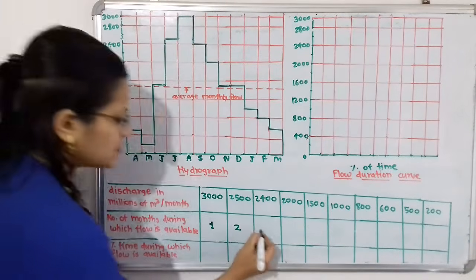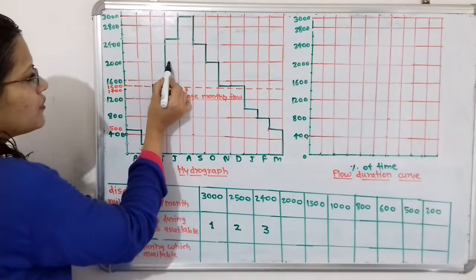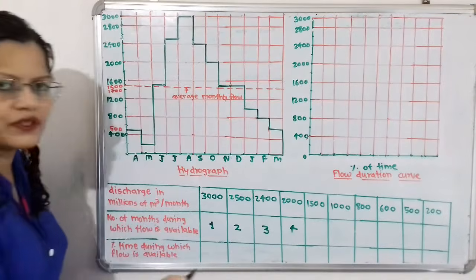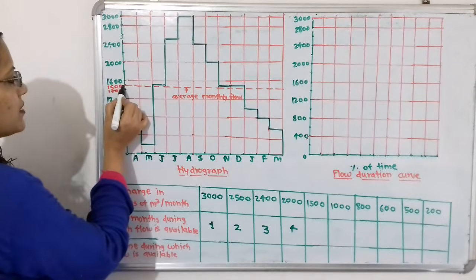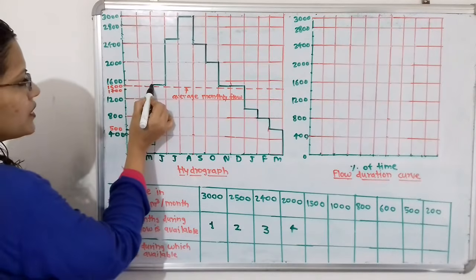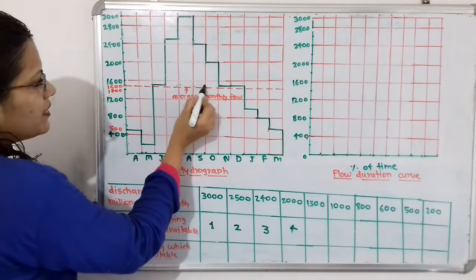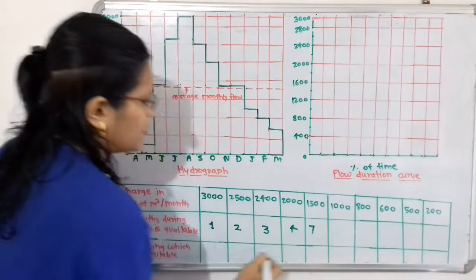That means 3 months are available. Then 2000. For this 2000, 1, 2, 3, 4. So here we write the number of months 4. Then 1500. Here the number of blocks are 1, 2, 3, 4, 5, 6, 7. So here the number of months is 7.